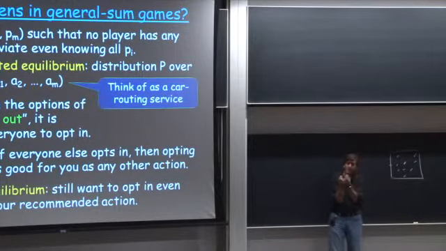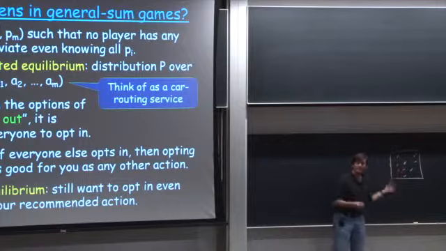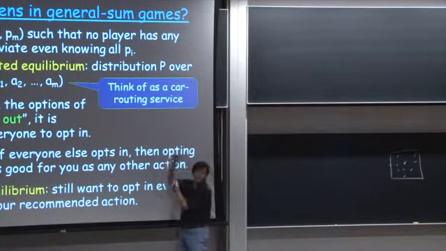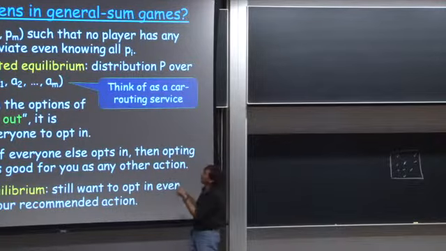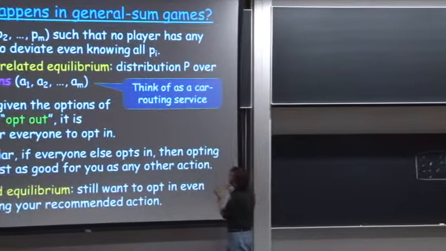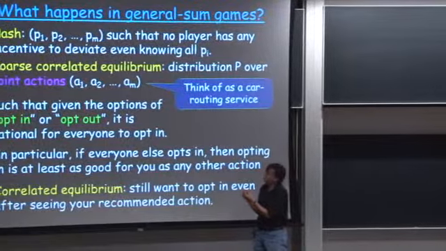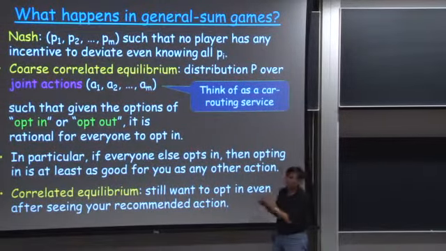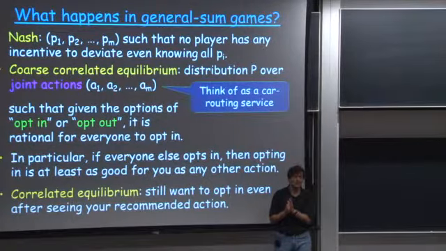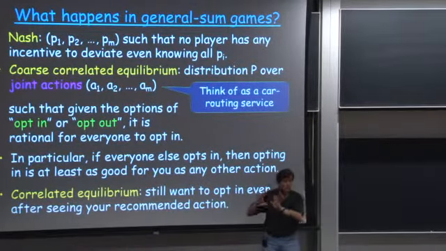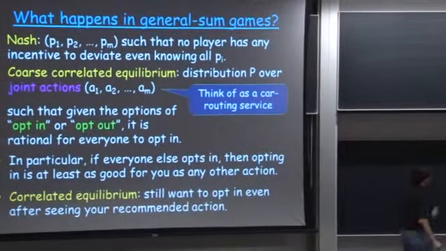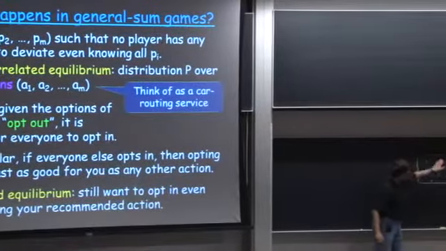So my regret in these 1,000,000 steps is exactly the amount by which I might prefer not to do this. If I have low regret, it means that this empirical distribution is maybe not perfectly a coarse correlated equilibrium, but almost. I have very little incentive to do anything else. Does that make sense?